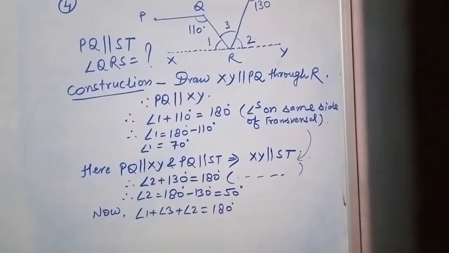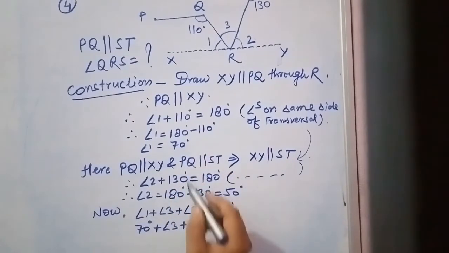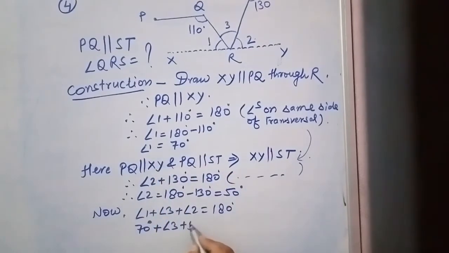So angle 1 is here 70 degrees plus angle 3 and angle 2 is 50 degrees equals 180.